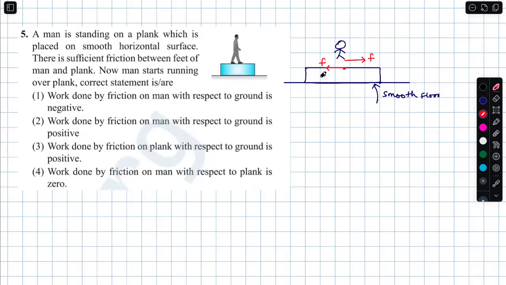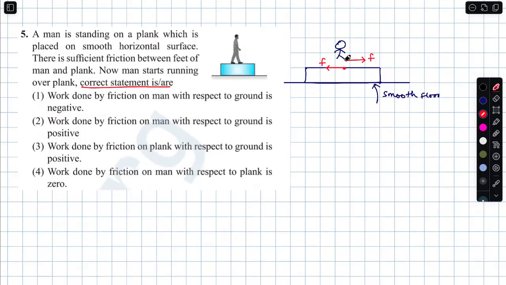Work done by friction on man with respect to ground; work done by friction on man, which are the correct statements, is what they're asking. Now the question is, a lot of students will feel confused how one is correct.